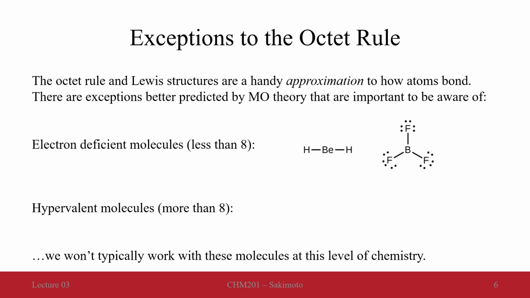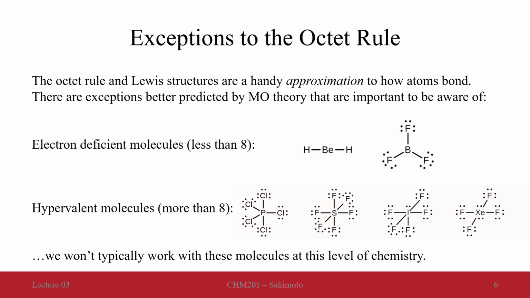There are also many instances in which we have hypervalent molecules that have way more than 8 electrons. Something like sulfur hexafluoride, which is a denser than air gas used in electronics manufacturing.